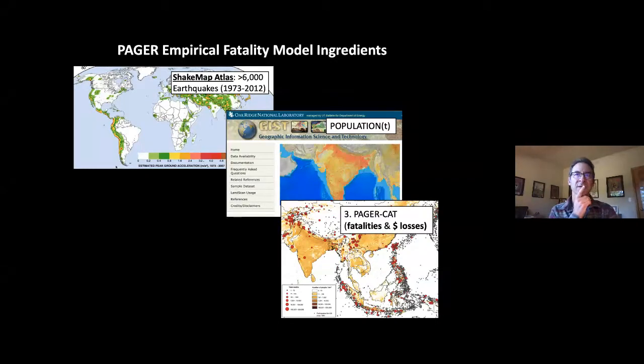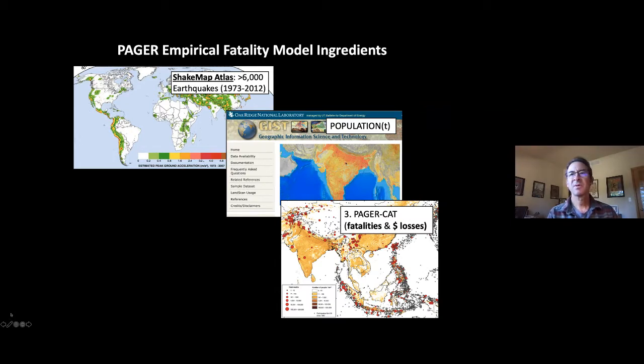So let's move over to now the PAGER system. As I mentioned, the PAGER system gives us the estimate of fatalities and economic losses. How does it do that? Well, with the ShakeMap Atlas, which now goes back even further in time, we have thousands of shake maps from historical earthquakes.